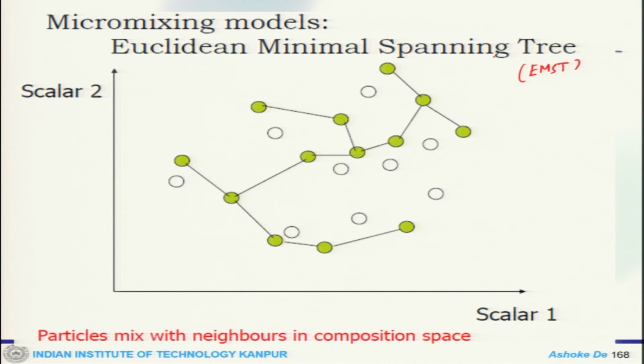In this particular micro mixing model, the particles try to mix with their immediate neighbor in the composition space, and then that neighbor mixes with its neighbor. That's why it's called the Euclidean spanning tree or minimum spanning tree.